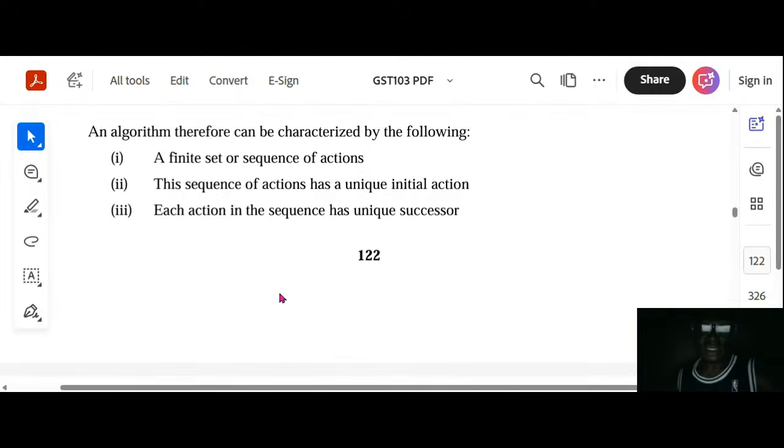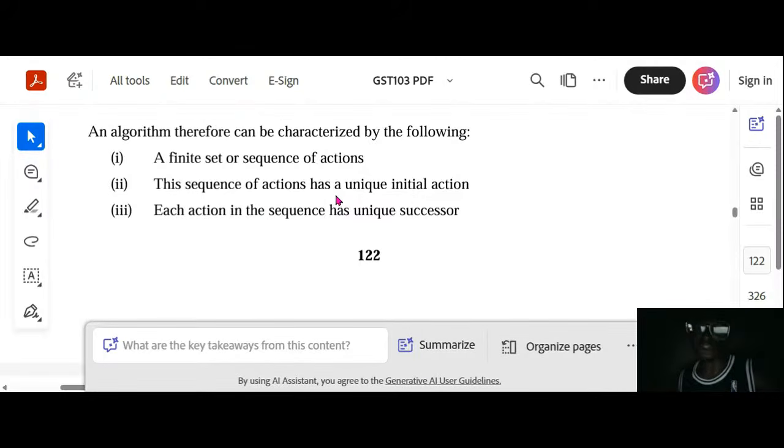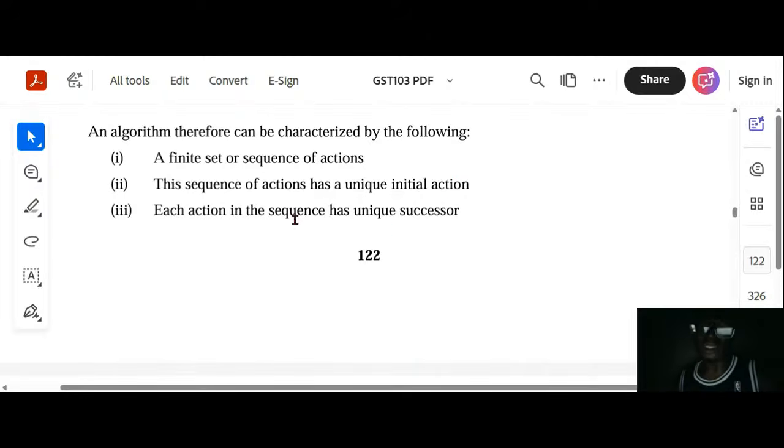So that is it. The second one is that this sequence of actions has a unique initial action, the first step. Each action in the sequence has a unique successor. This is what we are saying, which means when you complete step 2, then step 3 comes in.